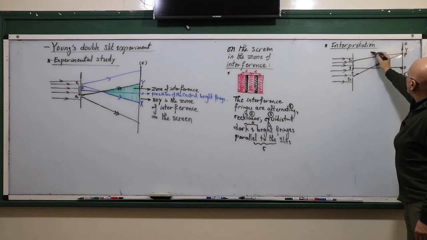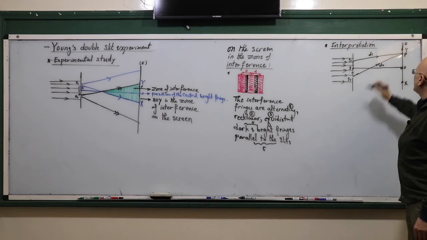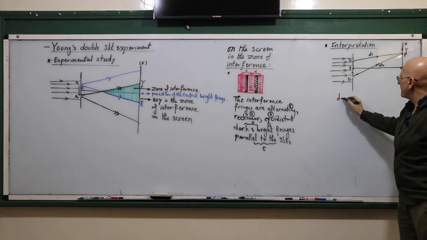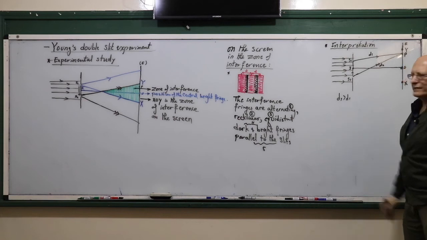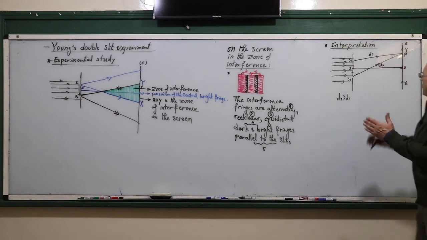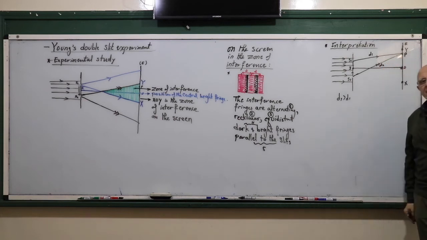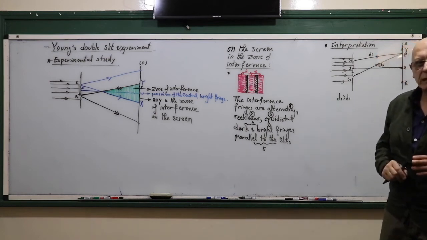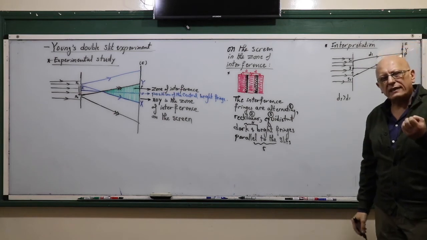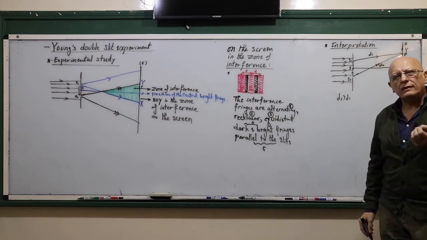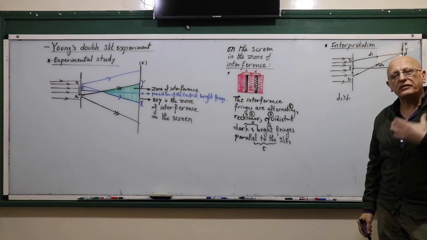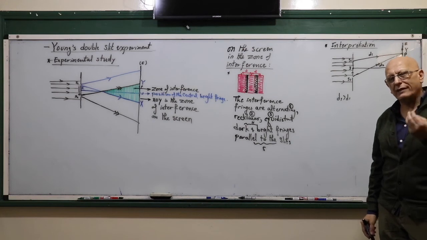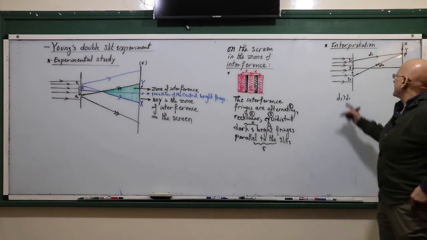This one covers distance D1 and the second covers distance D2, with D2 greater than D1. So there is a difference in this distance. This difference, I am going to call the geometrical path difference, which is the same as the optical path difference. Okay?